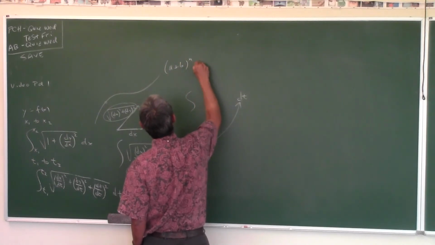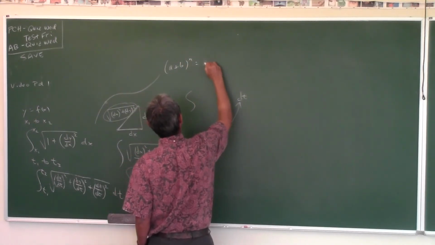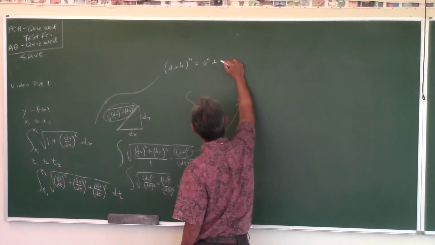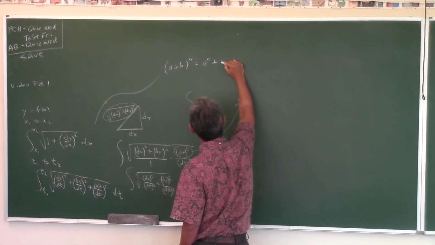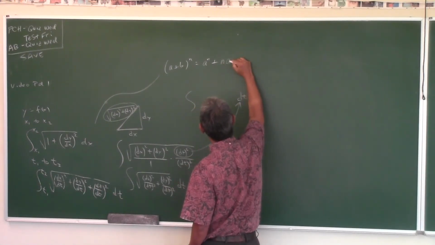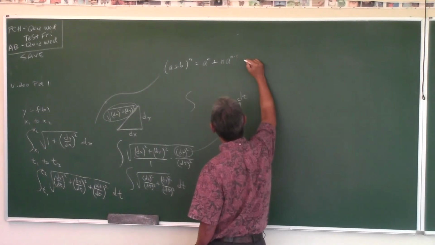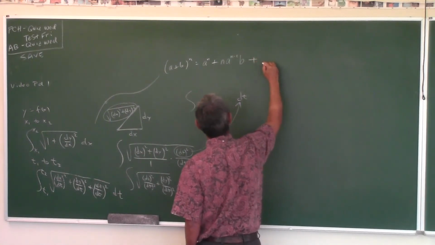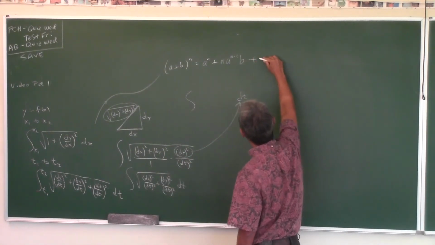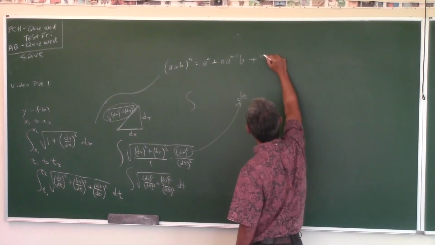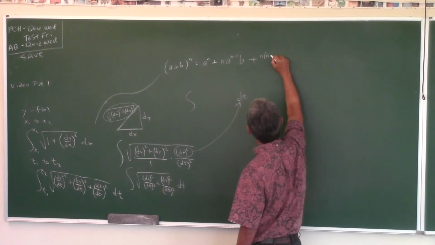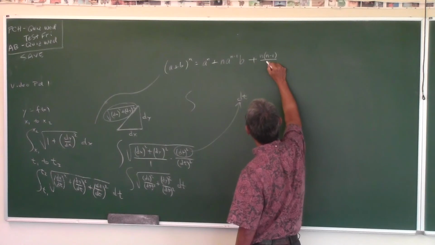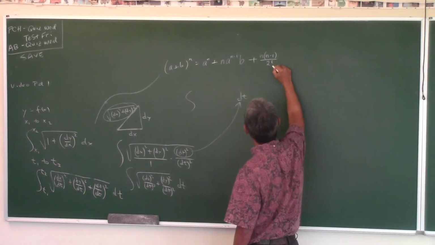(a + b) to the n is equal to, I'll do the first term, a to the n, plus, second term, n a to the n minus 1 b. Okay, very good. Next term: n times (n minus 1) over 2 factorial, a to the n minus 2, b squared.